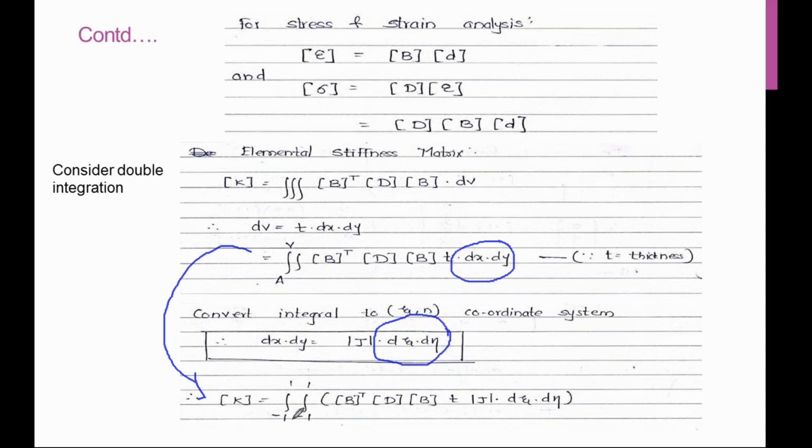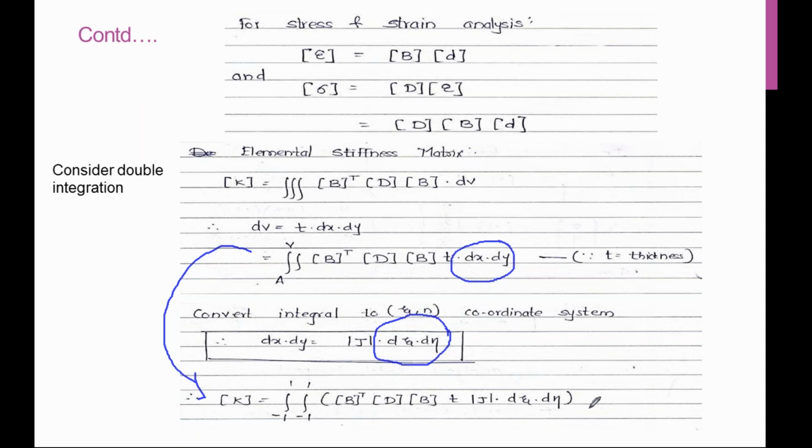So for the double integration it is -1 to 1 for zeta and eta, and in the integration form it is B transpose matrix, D matrix, thickness, determinant of J, d zeta d eta. Very simple to remember.